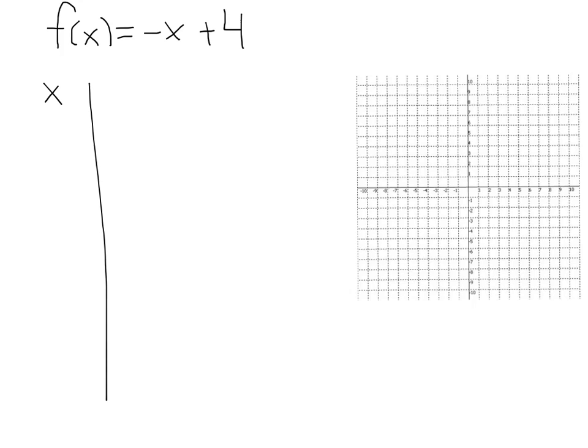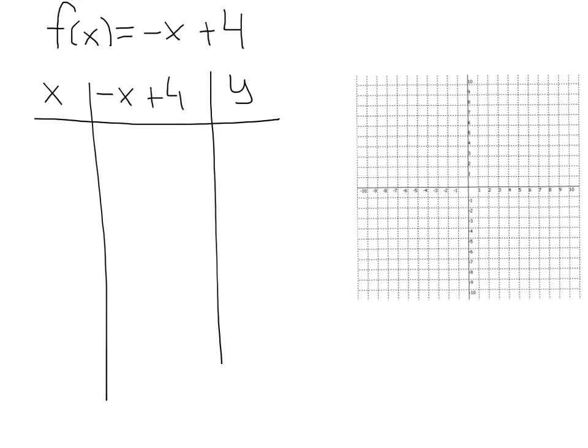Alright, let's quickly do the last example. So I have the function f of x is equal to -x plus 4. XY table, pick my x values, solve for my y values, plot those points.